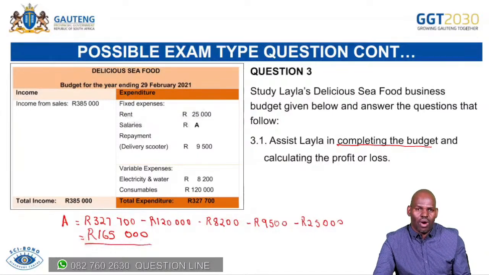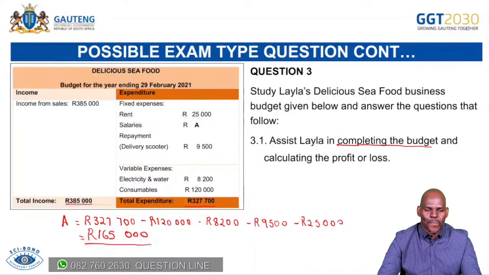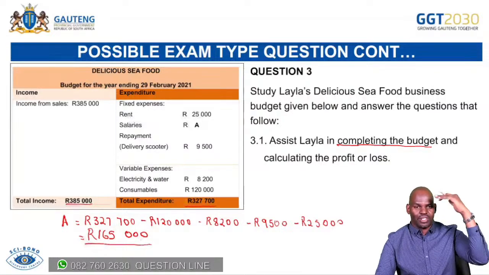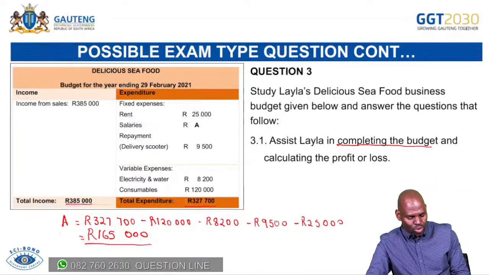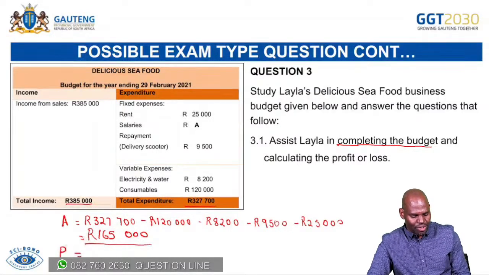Now, some of you might see that the income is bigger than the expenditure. Once the income is bigger than the expenditure, it means we're going to calculate a profit. So in this case, it's income minus expenditure.